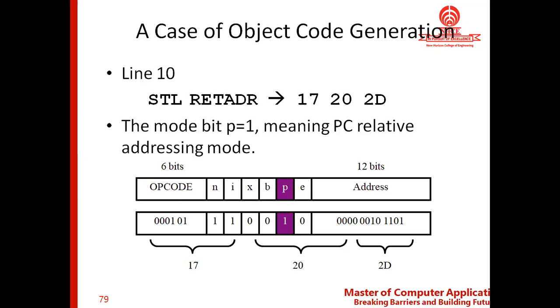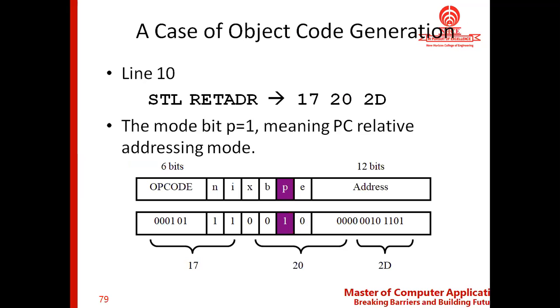If you take the 8421 format, 8 and 4 would be there in those 2 bits, so in the place of 4, we have 1. So it is representing 4. So the 6-bit opcode is 0001, which represents 1, and 01, which represents 4.